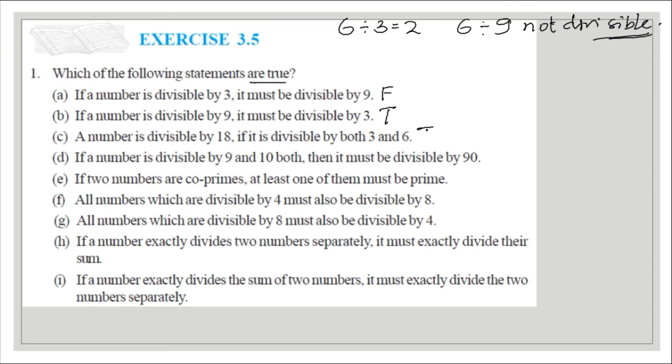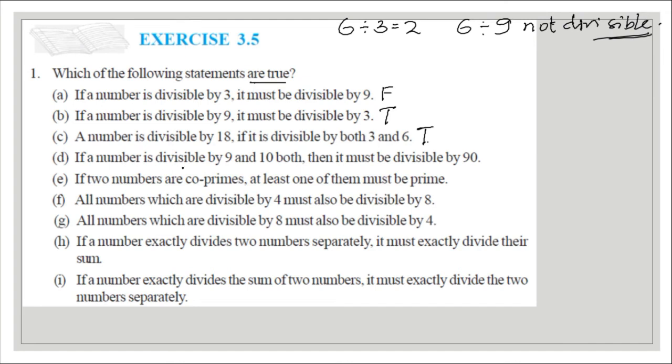This statement is also true. 18 is multiple of 3 and 6. 3 multiplied to 6 gives 18. Whenever a number, say 36, is divisible by 18, this 36 is also divisible by 3 and 6. So this statement is true statement.